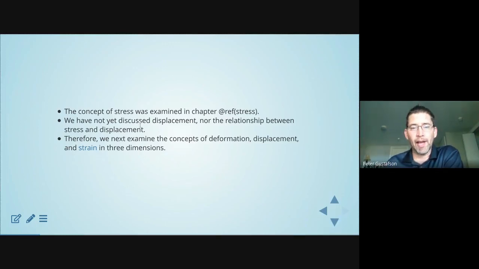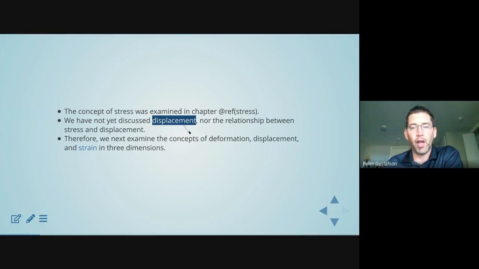We need to recognize that strain is derived directly from displacement. That's kind of like saying stress is derivable from force. Strain is derivable from displacement.